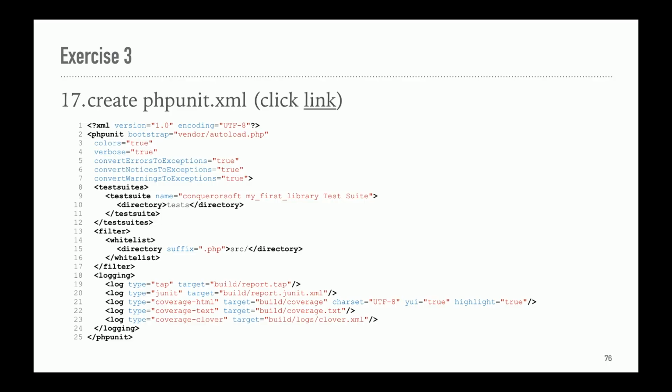What I want to test, the classes, are going to be in the source directory, which are PHP files. And finally, I can generate reports based on the coverage, tests, and everything that I want to be aware of in my library.